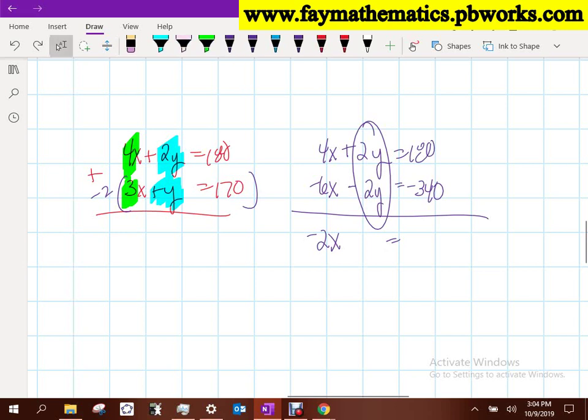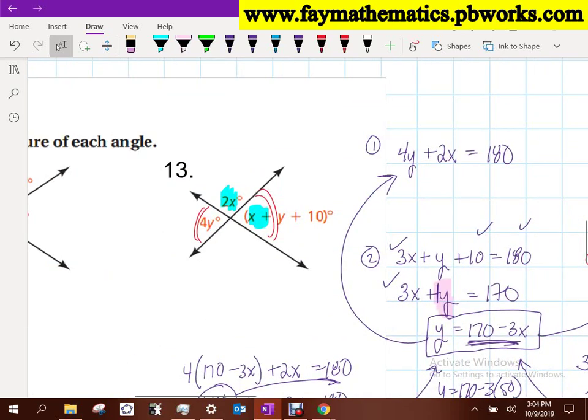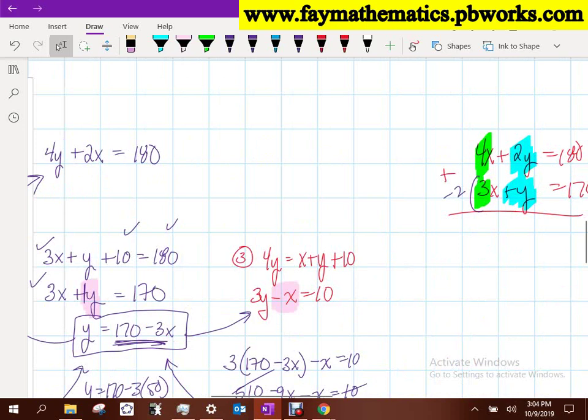So 180 minus 340 is negative 160, right? X then is, that's not right. That should end up being, where'd we go? 4x plus 2y. Oh, that's where. So I have 4y plus 2x, and right here I wrote it as 4x plus 2y. Okay.